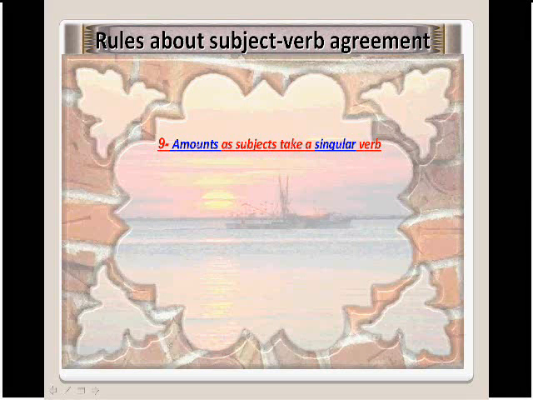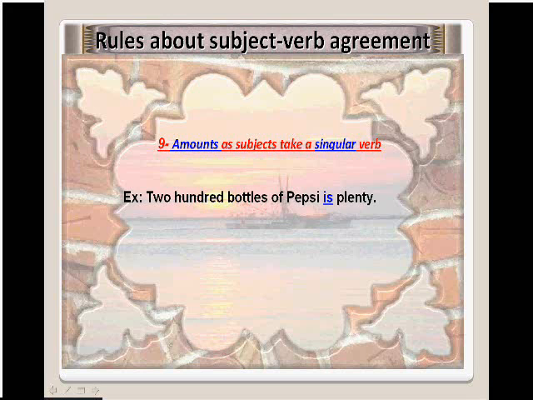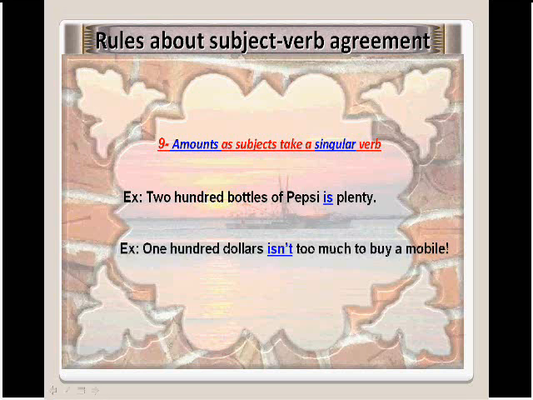Also, we have amounts as subjects, which take a singular verb. Like: 200 bottles of Pepsi is. The amount here is 200, and then we have 200 bottles of Pepsi, so the verb is going to be is, which is singular. $100 isn't too much to buy a mobile.